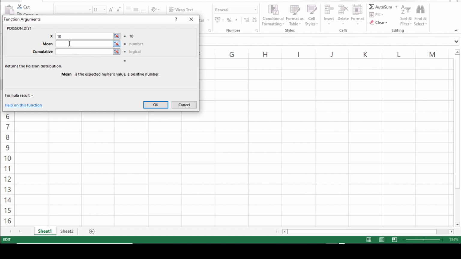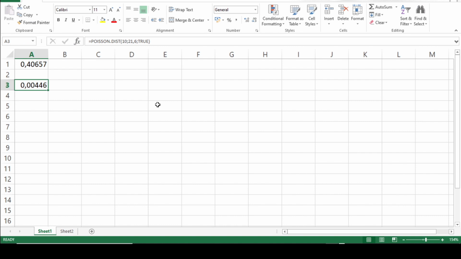My parameter is 21.6, and in this case, because we want to find less than or equal to 10, my cumulative is true, and that probability is then quite a small probability, and we want to find 1 minus this probability. So a very high probability that more than 10 patients will arrive within a 12-hour shift.